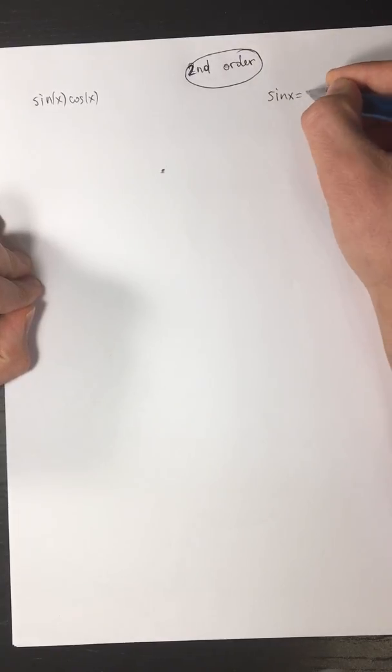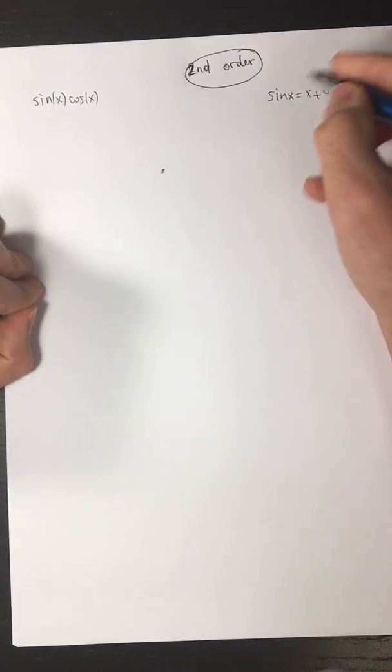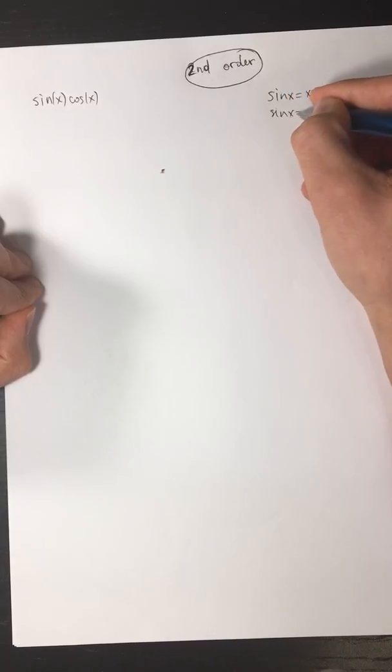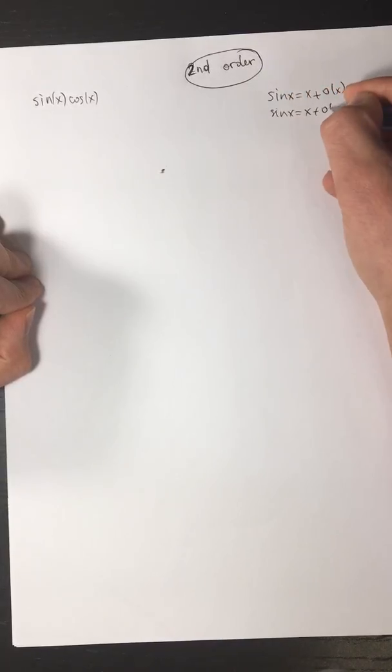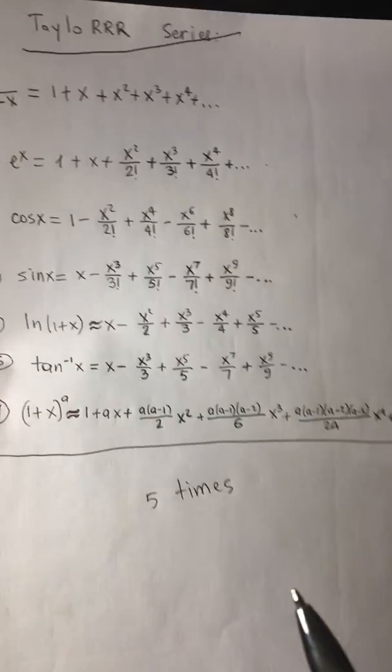Now according to formula number 4, if you write sine x in the first order, sine x is equal to x plus o(x). It's small o. If you write sine x in the second order, it's almost the same thing, but you write o(x^2).